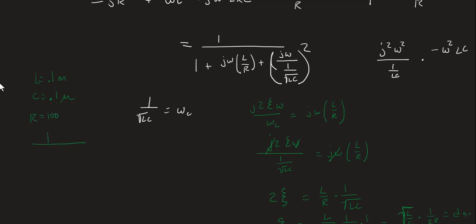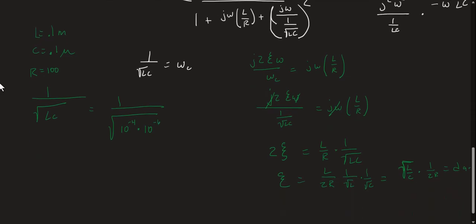So 1 over the square root of LC is 1 over the square root. Milli is 10 to the negative third times 0.1, so that's 10 to the negative fourth, times C is 1 micro, so that's 10 to the negative 6. So that's 1 over the square root of 10 to the negative 10, which is 1 over 10 to the negative 5, which is 10 to the 5th. So that's our corner frequency.